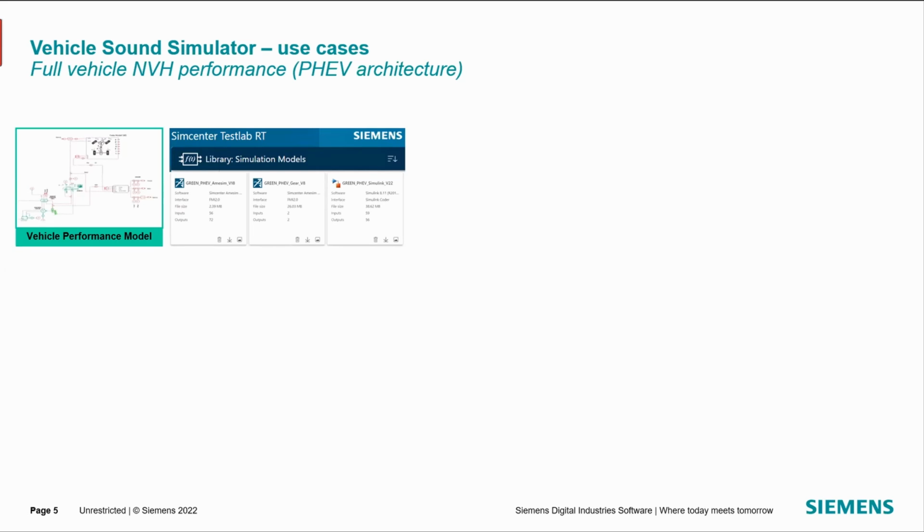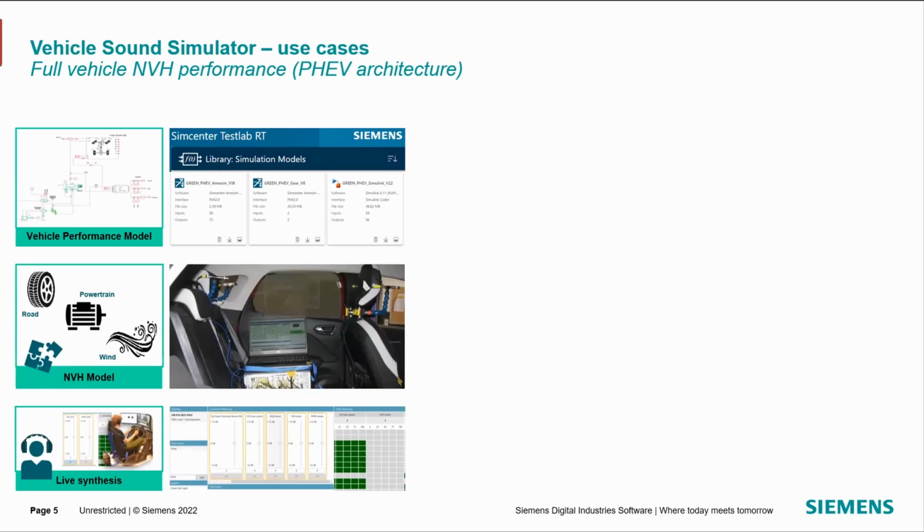The first use case goes as follows. It is from a commercial project, and we were asked to couple a detailed vehicle performance model, also modeling the ECU decisions, so the brain of the vehicle, and the consumption and emission parameters of the vehicle under study, which is a plug-in hybrid vehicle, with an NVH model, really an executable digital twin of the sound of the same vehicle, in order to do two things.